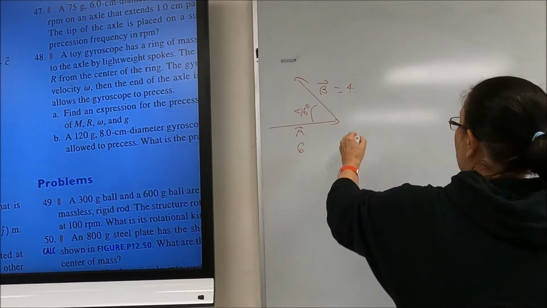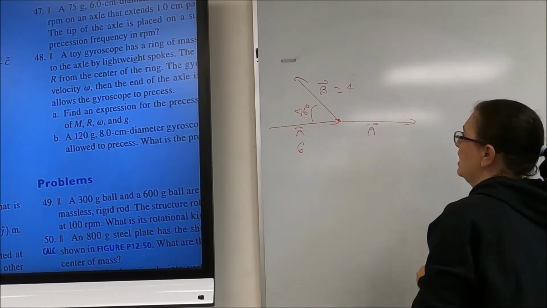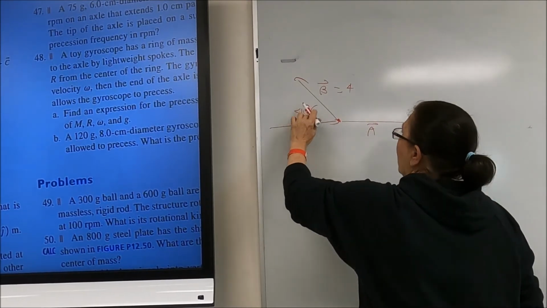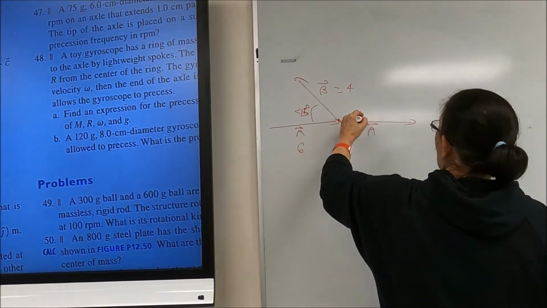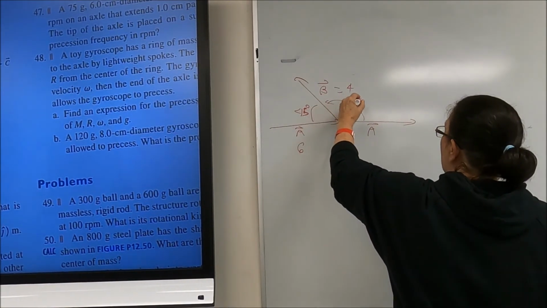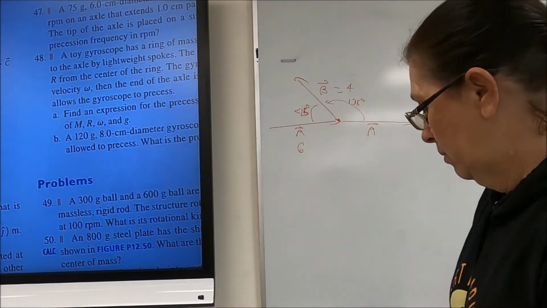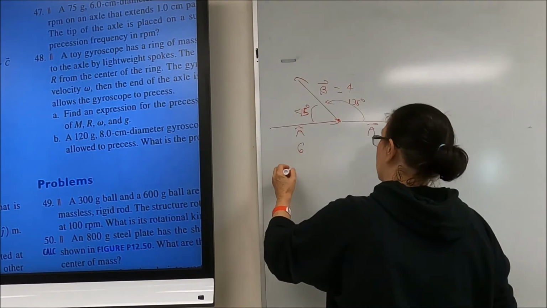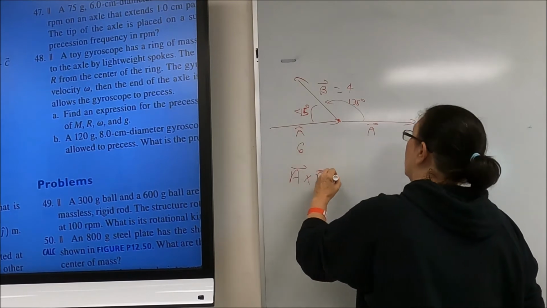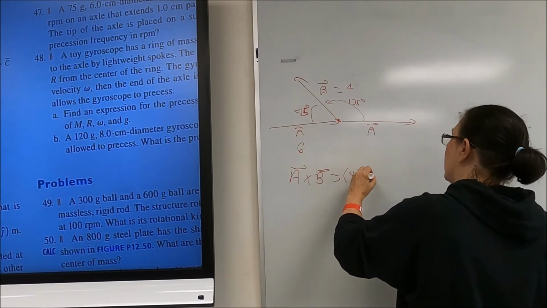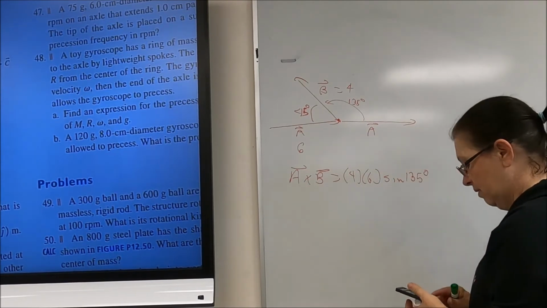Okay? But this is the point where they connect, so I really need to think about A as being over here. So if that's 45, then this angle from A to B is 135 degrees. So our cross product, A cross B, would be 4 times 6 times the sine of 135.